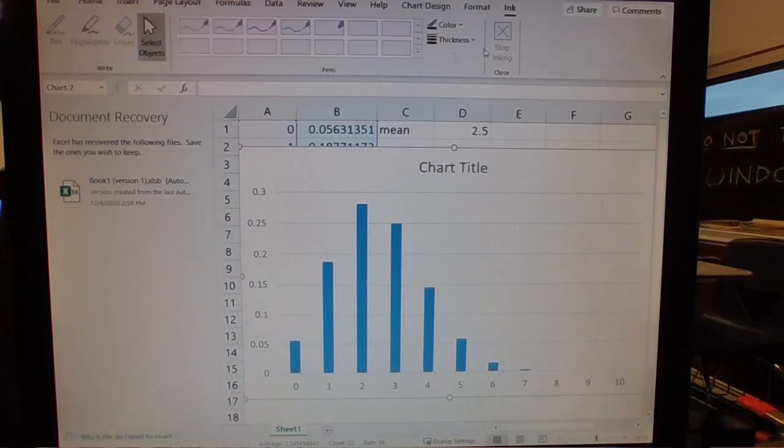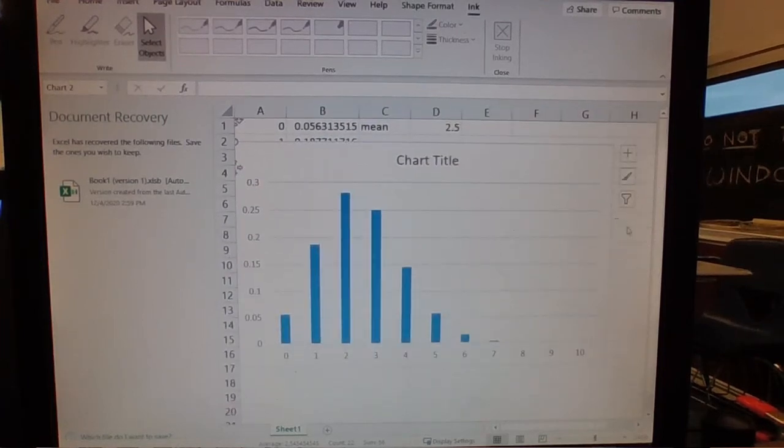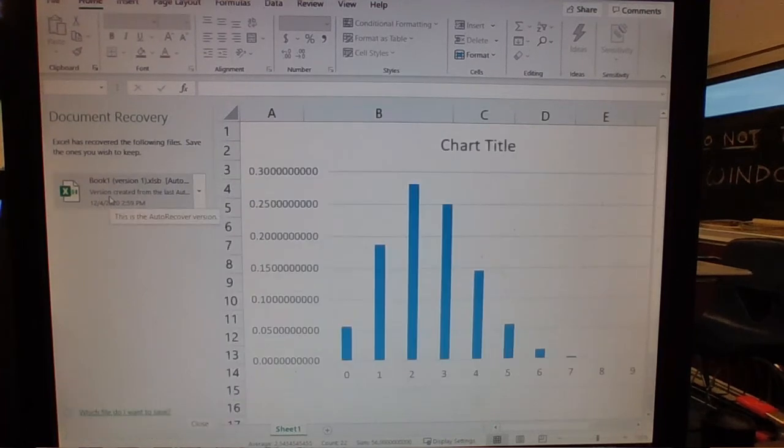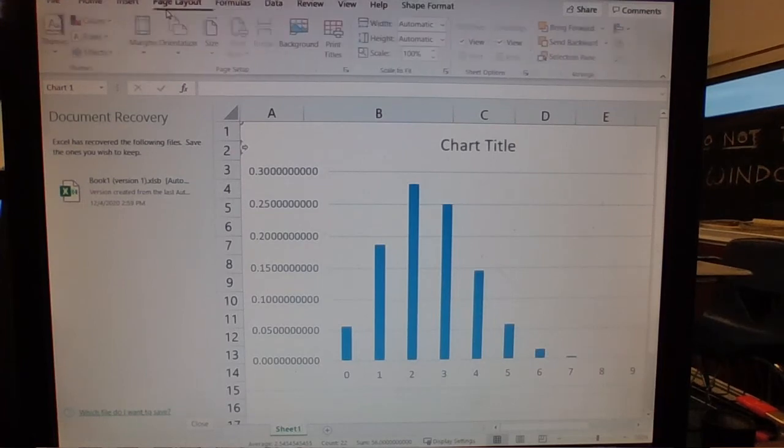why can't I color on this? Does anybody see why everything's grayed out?